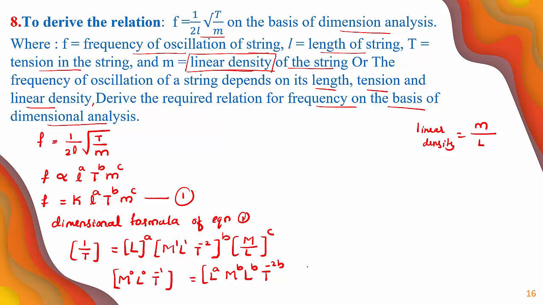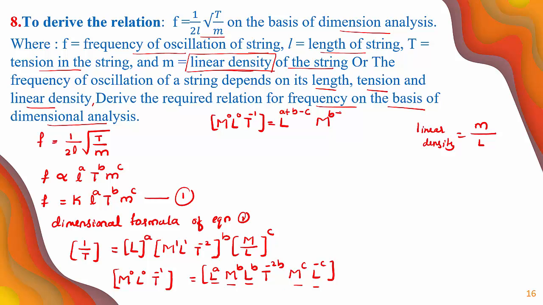Then the last term, M raised to C, L raised to minus C. Now this equation can be written as M raised to 0, L raised to 0, T raised to minus 1 is equal to, here the bases are the same, L, L and L. Powers must be added, so I can write L raised to A plus B minus C, into M raised to B plus C, since the powers are added.